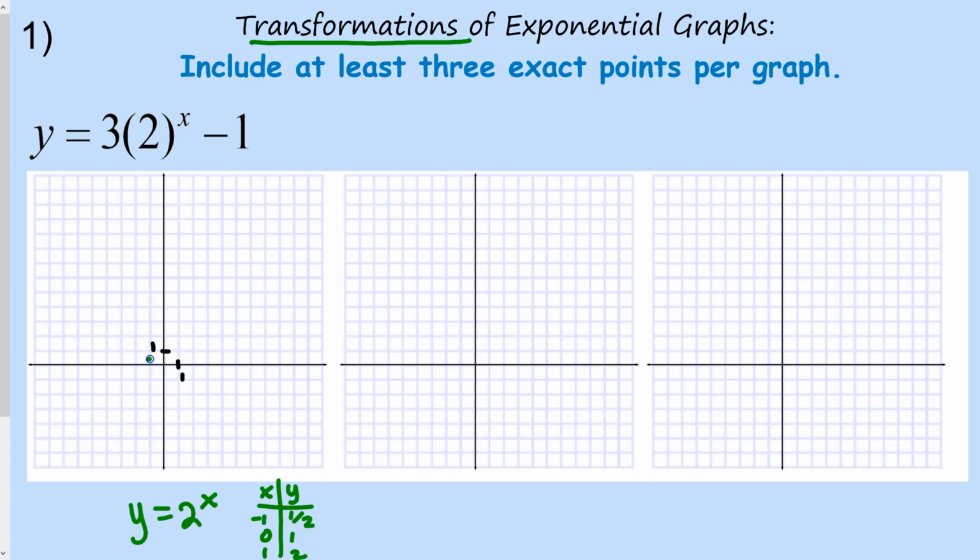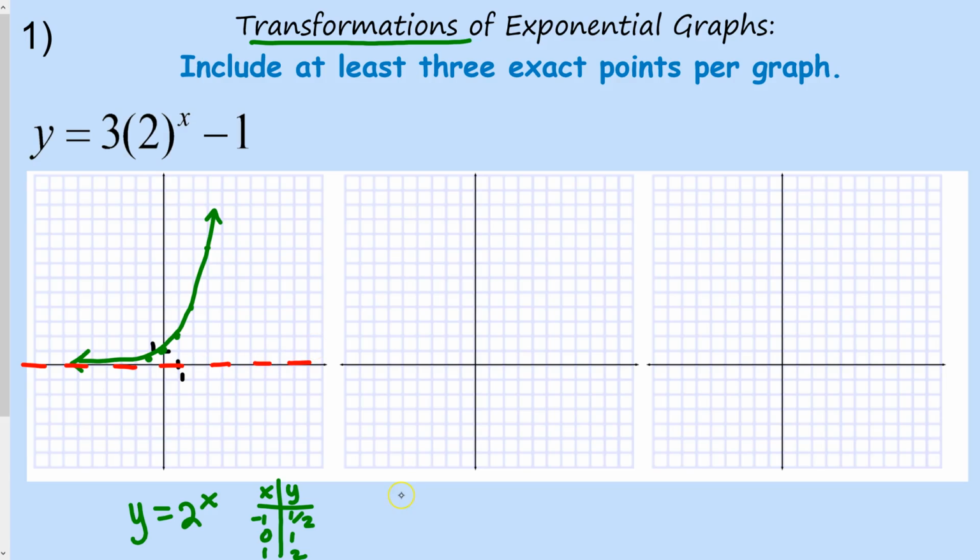So we have that, but if we did (2, 4) and we also did (3, 8), it's going to grow pretty rapidly. Okay, there's our parent function, and here is our asymptote. I like to draw the asymptote in there as kind of a boundary line.